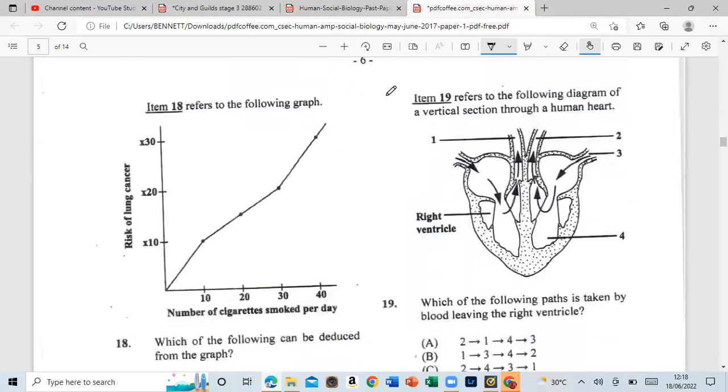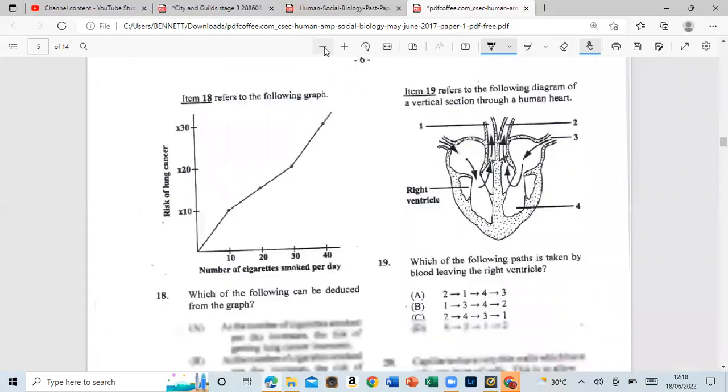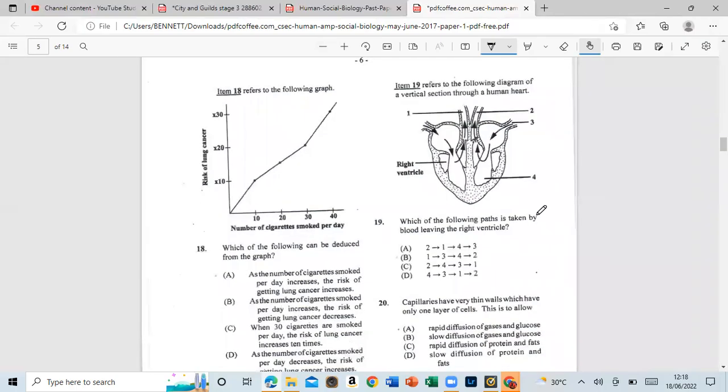All right, number 18. Get back into it. Which of the following can be deduced from the graph? A: we have the risk of lung cancer and the number of cigarettes smoked per day. As the number of cigarettes per day increases, so does the risk of lung cancer. That's what we see so far.